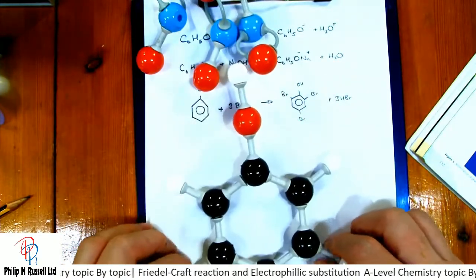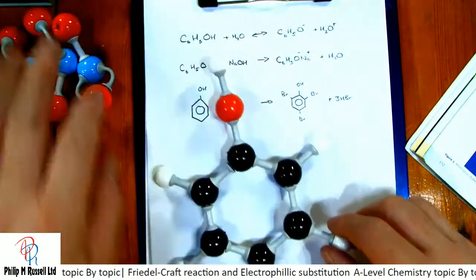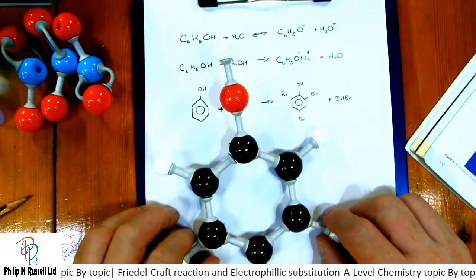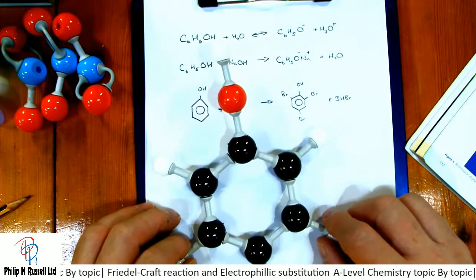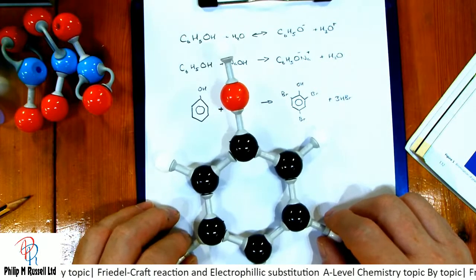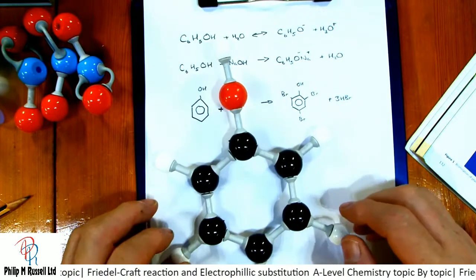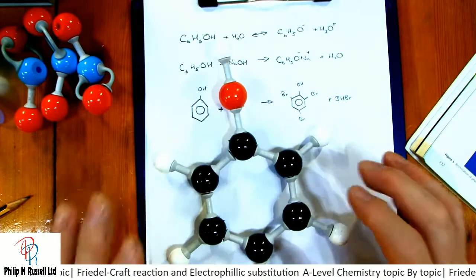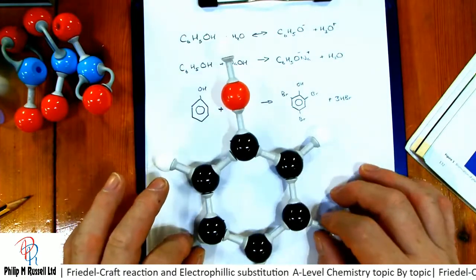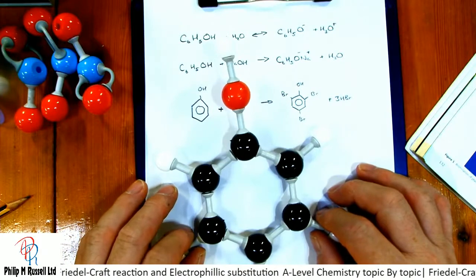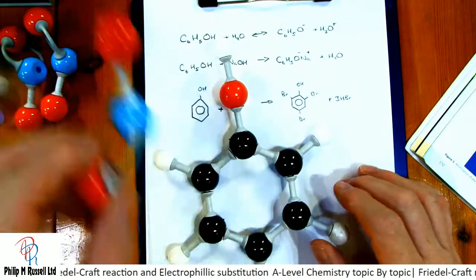Okay, so let's look at something like nitration. We've looked at bromination, now let's look at nitration. Phenol will undergo this single step substitution reaction with dilute nitric acid, and this is going to be at room temperature.